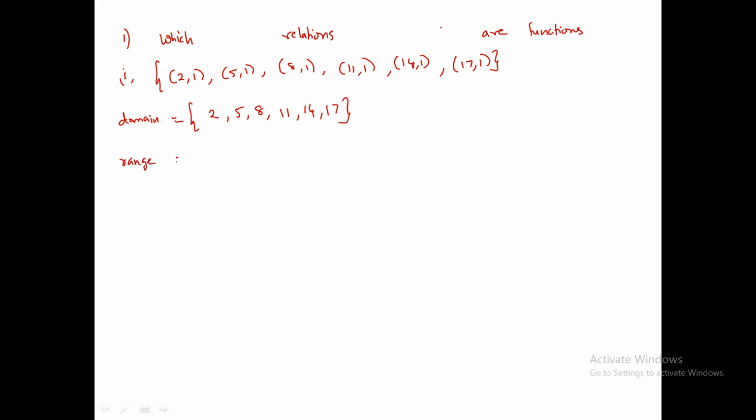Range is the set of all y's: 1, 1, 1. Only 1. So you can see from the domain, all the x's are taken. No x is left. Moreover, there is no repetition of x. X is not repeating. So this is a function. This relation you can call a function.